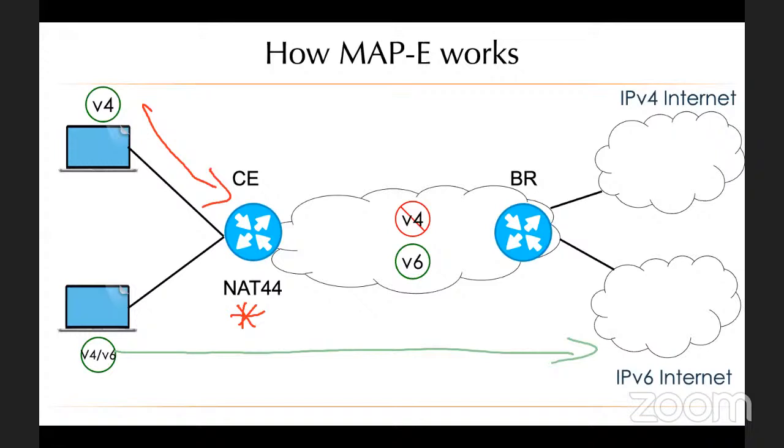The mapping table is at the BR, the border relay, where you do the mapping of address plus ports. So it means that in this solution, state is only maintained at the CE. You don't maintain any state at the BR. And then the packet flows through the v6 only network to the internet. Then the reverse is the same.